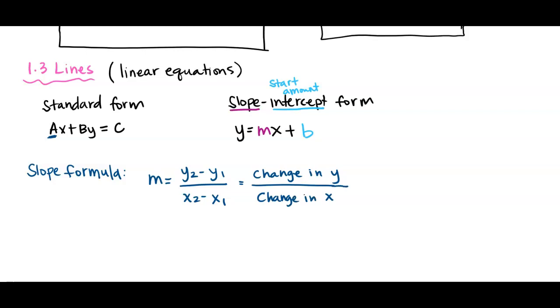That's our slope. And remember, the y's are the up and down, so we call that the rise. And the x's go left to right, and so we call that the run. So you also hear slope called rise over run. So change in y over change in x.